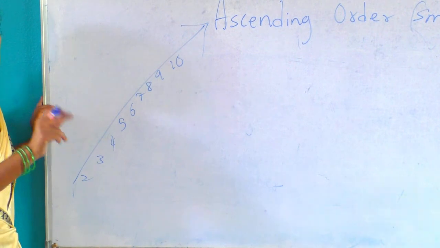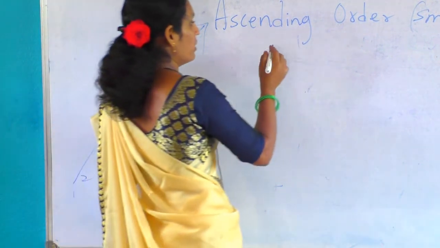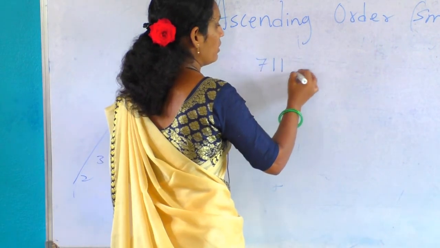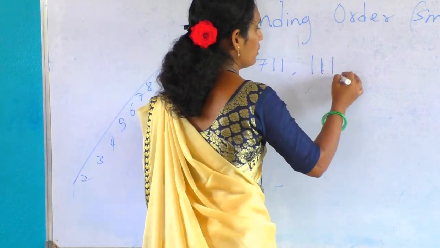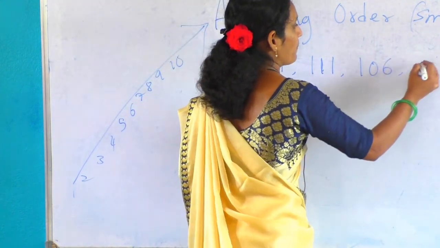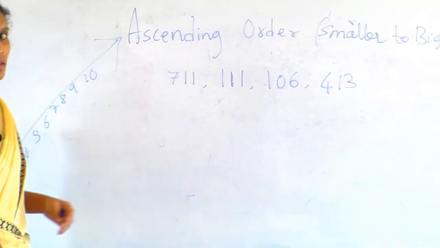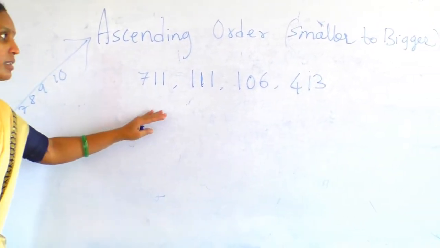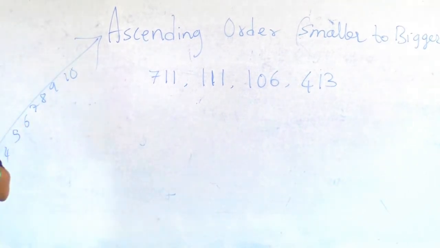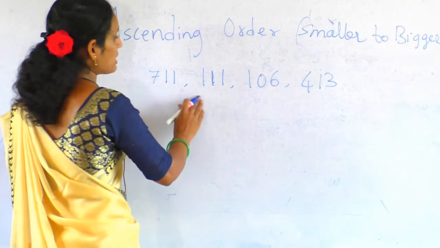In a 3-digit number, how do we find ascending order? 711, 101, 106, 413. First we have to write the smaller number. Which is smaller here?